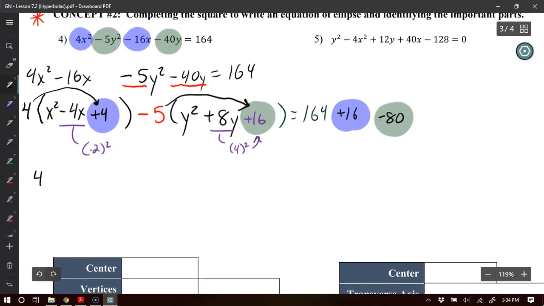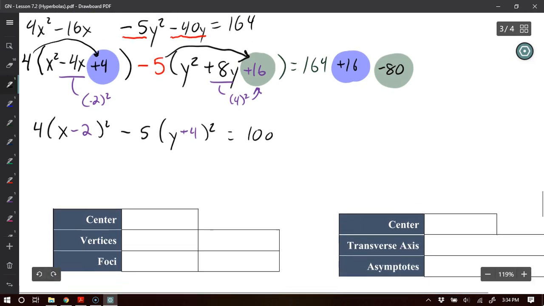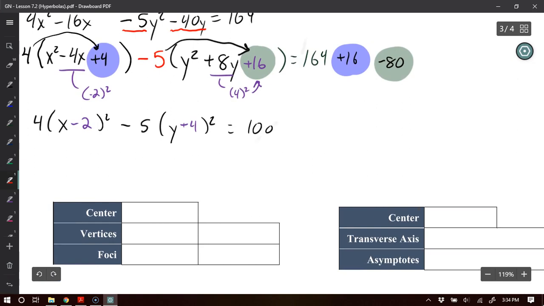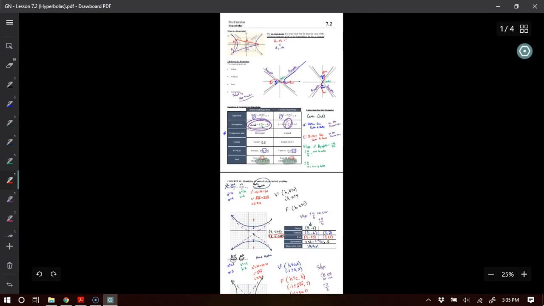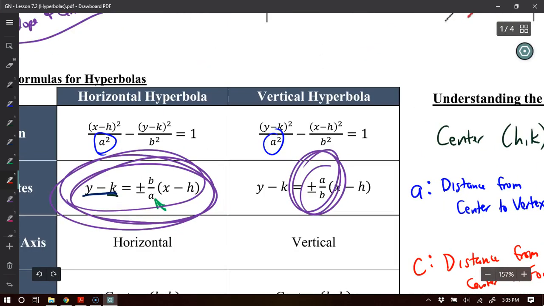So I have 4 parentheses x minus 2 squared, minus 5 times y plus 4 squared, and that equals 164 plus 16 minus 80, which is 100 perfectly. But the standard form equation, let me zoom out and look at it. The standard form equation for a hyperbola is equal to 1, just like it was for an ellipse.